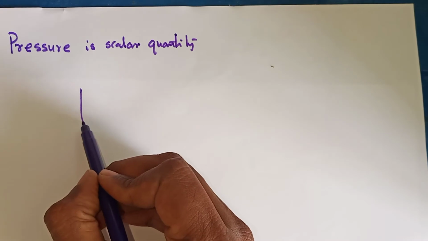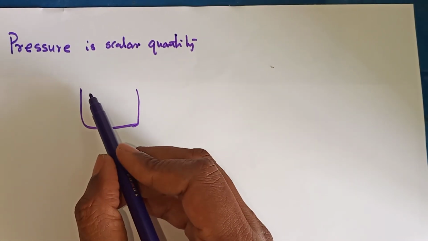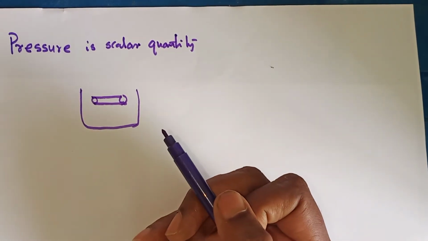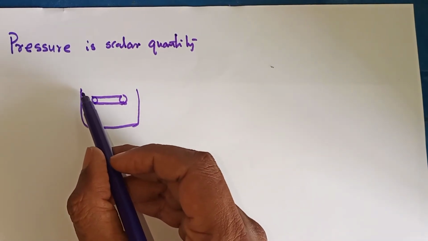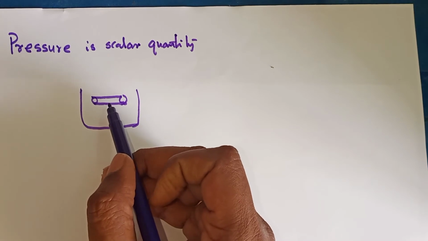Suppose in the same way as the earlier rectangular element, you consider here a horizontal bar with uniform cross section, which is in equilibrium as the fluid is static.